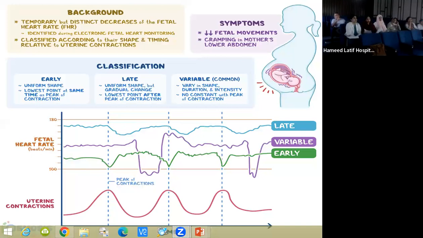When the parasympathetic takes over, the sympathetic tries to get in there and create a balance, which is what is needed for living. These are variables. The variables and the lates are the ones to remember because they are pathological.